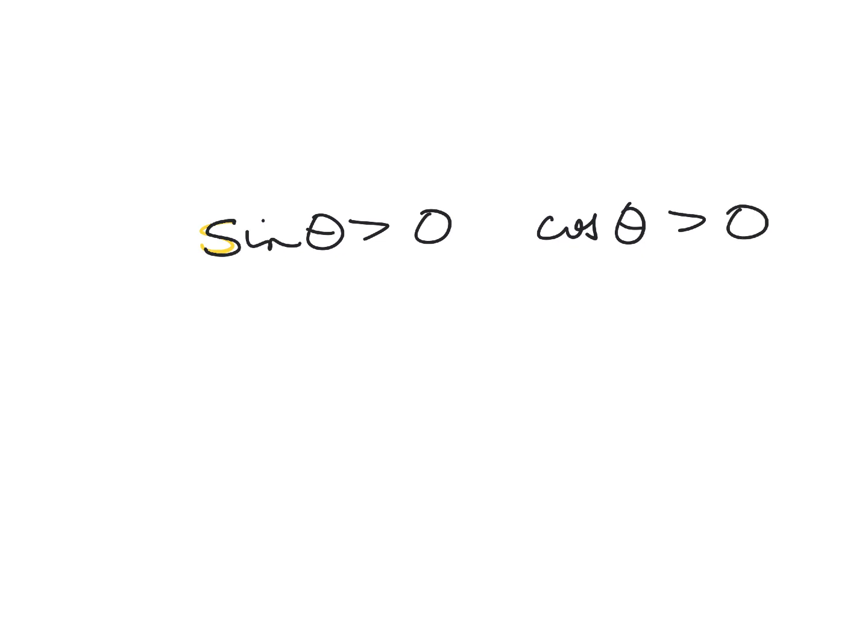This statement means that these are both positive answers. If I would have said the sine of theta is less than 0, then that would have meant that it's negative. But I want to figure out which quadrant theta is going to be located in.